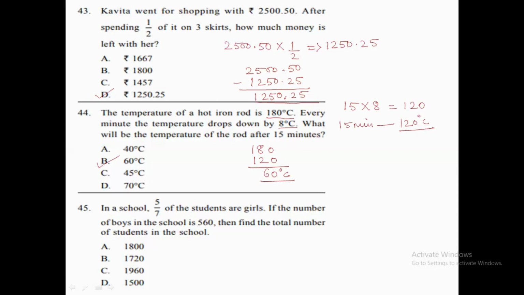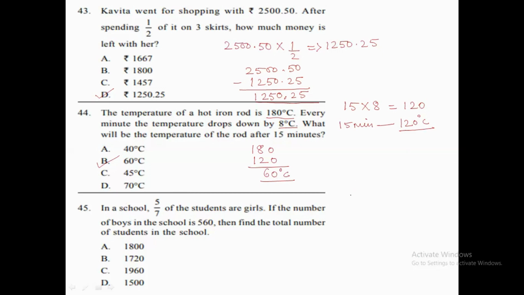Question number 45 is saying that in a school, 5 by 7 of the students are girls. If the number of boys in the school is 560, then we need to find the total number of students in the school. In a school, 5 by 7 of the students are girls, that is given. And the number of boys in the school is 560.